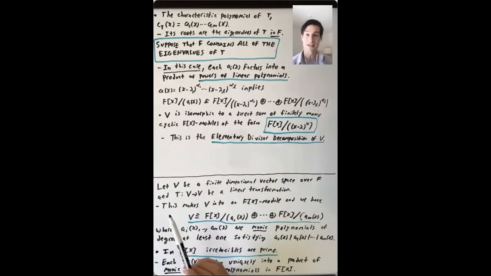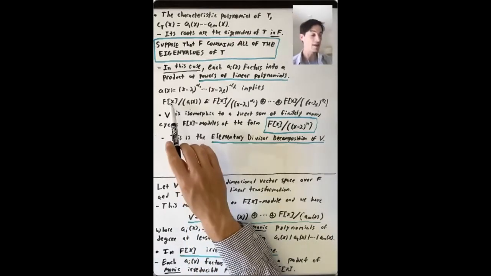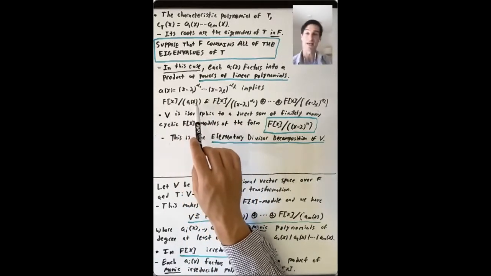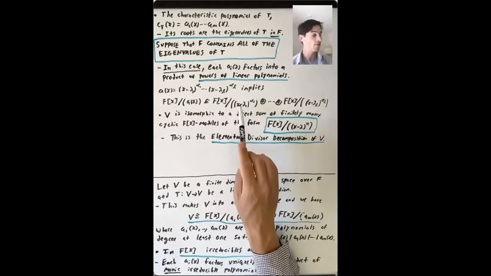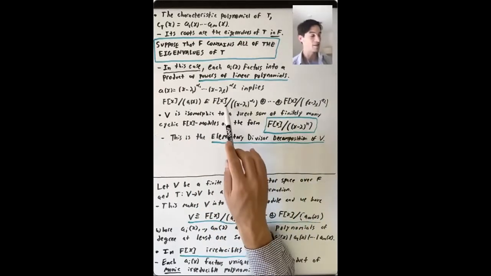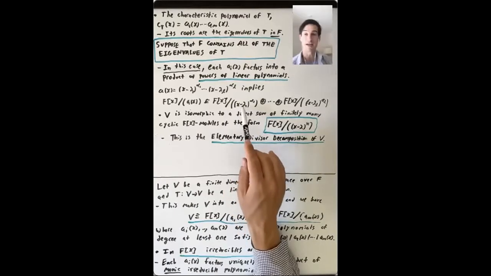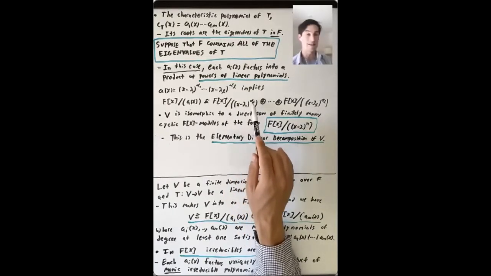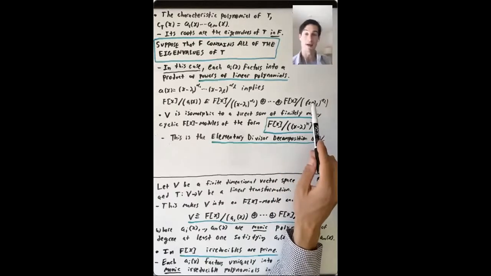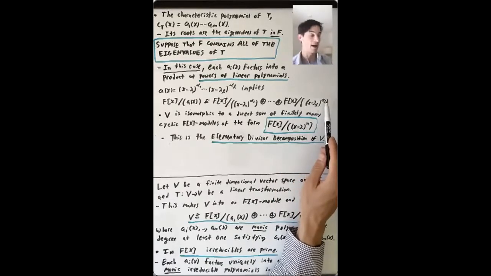By applying the Chinese remainder theorem for modules, we saw that if you have this factorization, you get that F[x] mod the ideal generated by a(x) is isomorphic to this direct sum of F[x] modules: F[x] mod the ideal generated by (x - λ_1)^α_1, direct sum, plus plus, F[x] mod the ideal generated by (x - λ_l)^α_l.